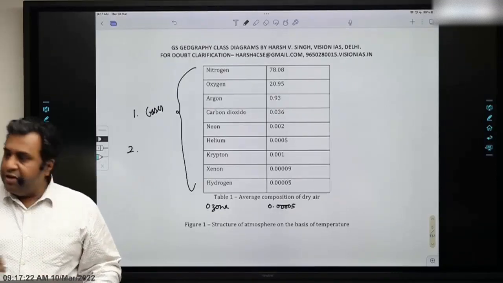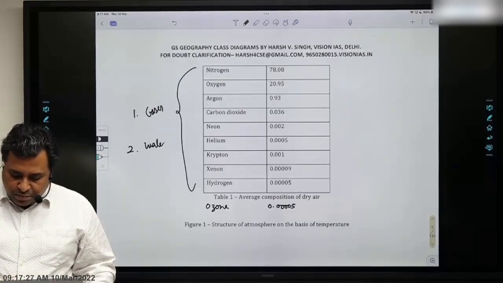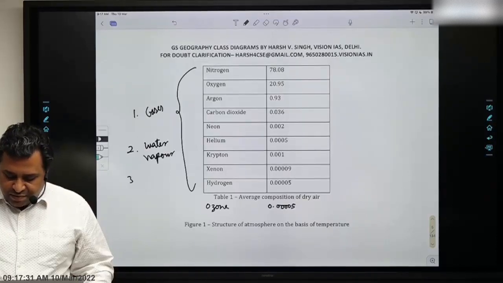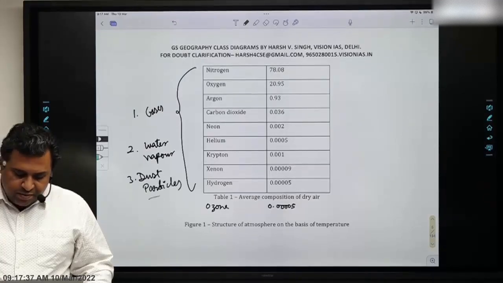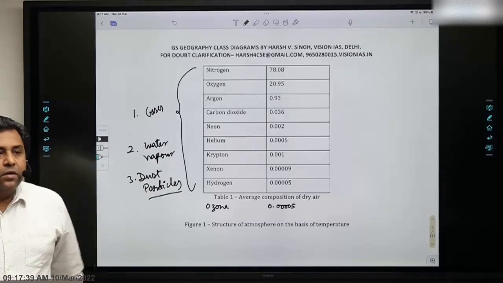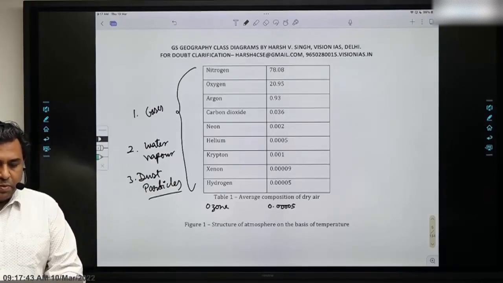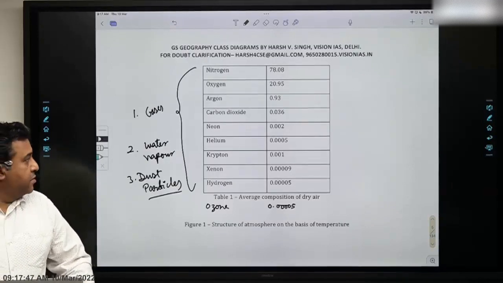So in addition to the gases, the atmosphere also has water vapor as well as dust particles, right? So it is also having these two. Okay, water vapor and dust particles.